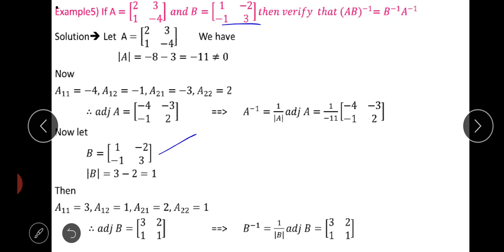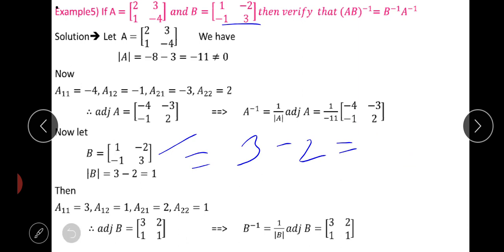The determinant of B is 3 times 1, which is 3, minus (-1 into -2). The negative sign stays as it is. Minus 1 into -2 is plus 2, so 3 - 2 is 1. This is not equal to 0, which means what? It is a non-singular matrix.